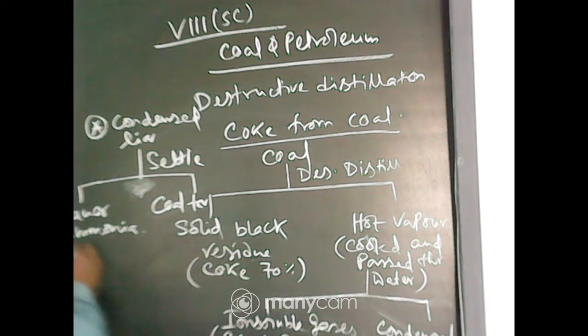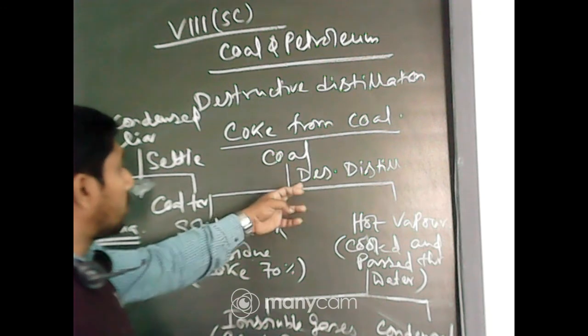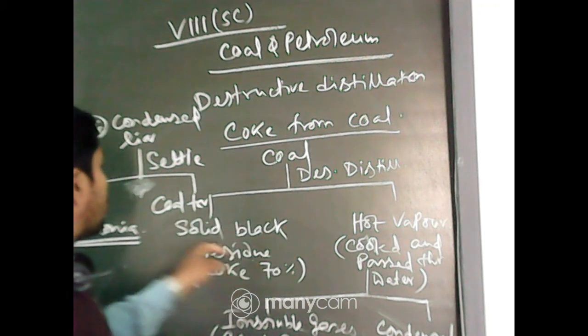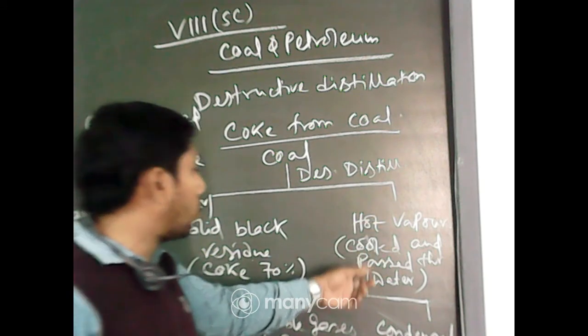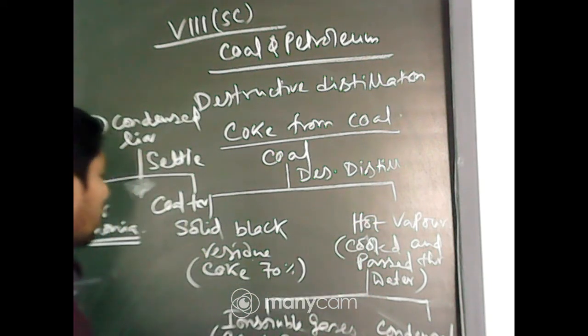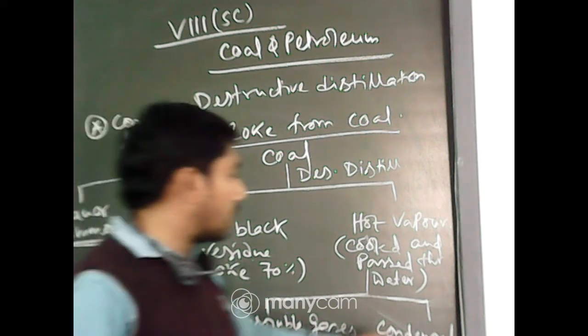So how do we produce ammonia from coal? Coal is destructively distilled, then it produces coke and hot vapor. This hot vapor is cooled and passed through water, then it is divided into two parts. One is coal gas, another one is condensed liquid.